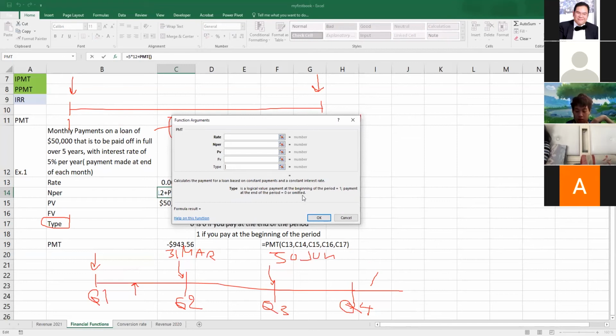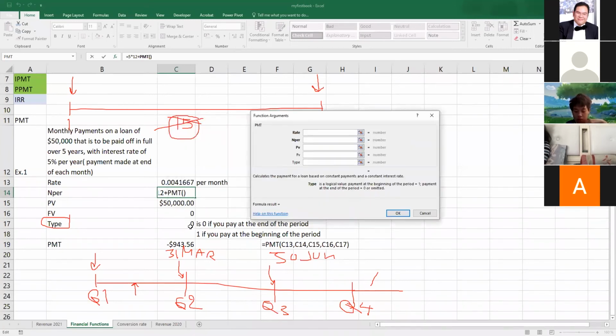Omitted, when we use this term in Excel, it means that if you just ignore that value and you don't enter anything, for example if you don't enter anything in the type box, that means you are omitting that value. If you omit the value for the type, that means you intend to pay at the end of the period. So this is the meaning.